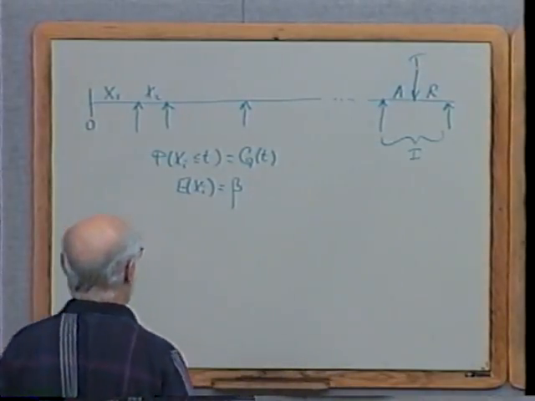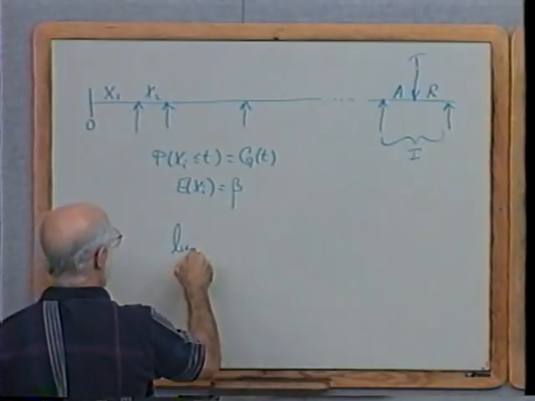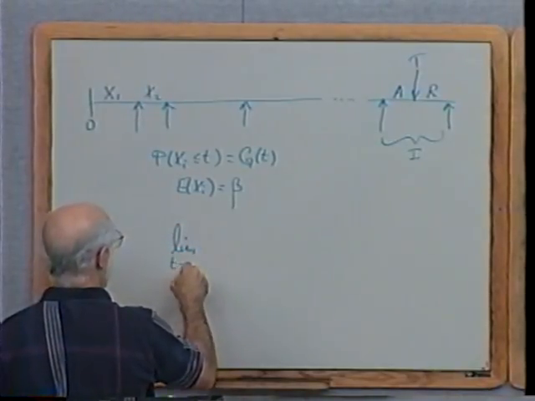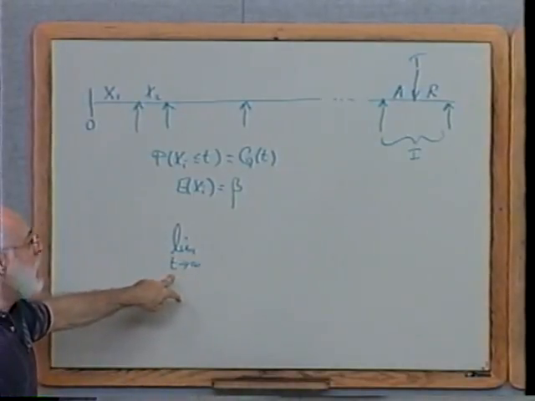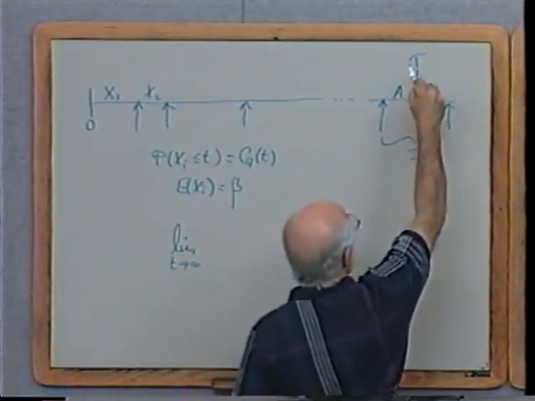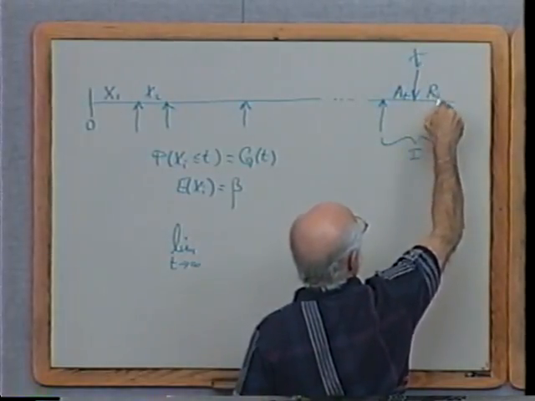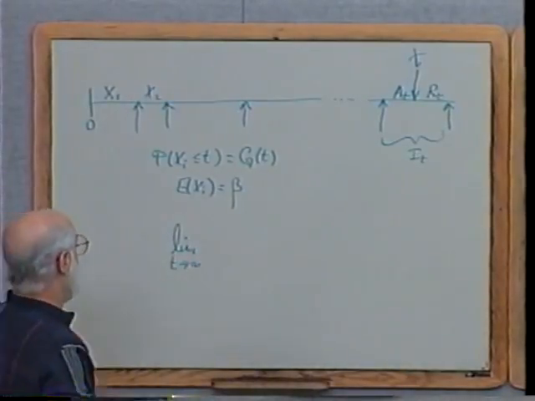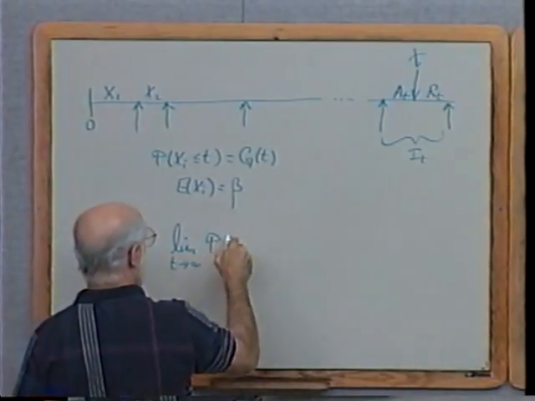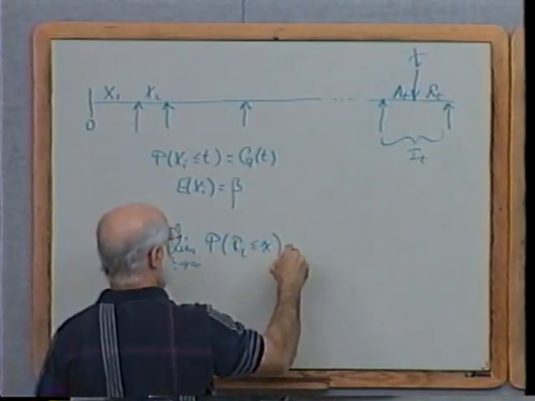Now, suppose that we ask for the limit as t goes to infinity. Here I'm going to use little t because I'm talking about the mathematics. Maybe I should have called it a little t here. Okay, so this is going to be A sub t, R sub t, I sub t. I want to get the limit as t goes to infinity of the probability that R sub t is less than or equal to little x.